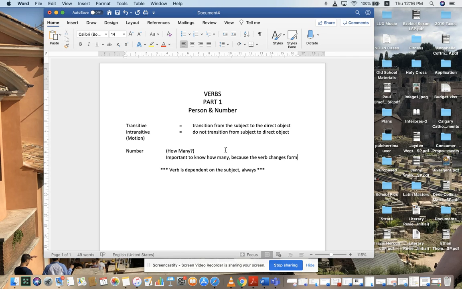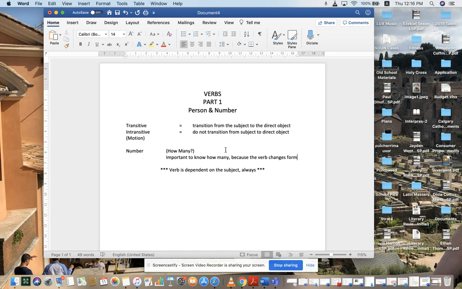Notice that I add an S at the end of walk to indicate the change between a singular and a plural. Now, English is very simple because the only time you're going to see a change in the verb is when we're talking about third person singulars versus first or second person singulars. That S is going to be there. Whereas in other languages, Italian, Spanish, French, Latin, Greek, Romanian, and even other languages like Arabic, you will see that the verb will change form every single time you change the person.